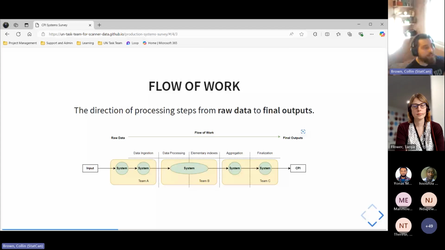If those are two separate Excel workbooks, there would be a system boundary there. And if it's two different teams, there would be two different teams there. Team A would do the collection and noting of prices, and team B would be the statistician you mentioned, who does the validation and cleaning, and perhaps the index calculation and so forth. Does that answer your question?